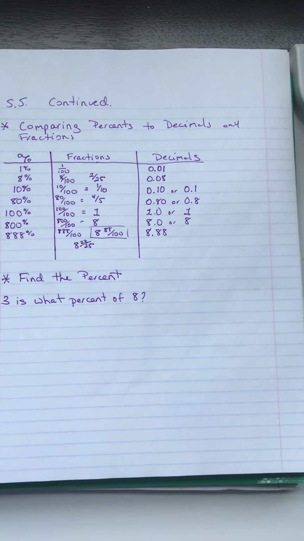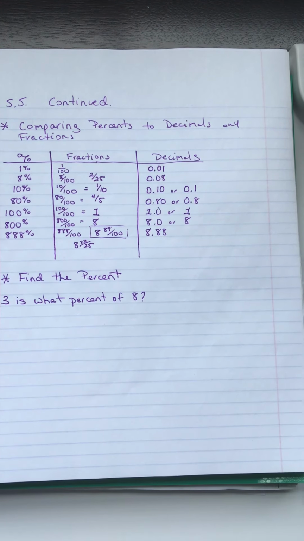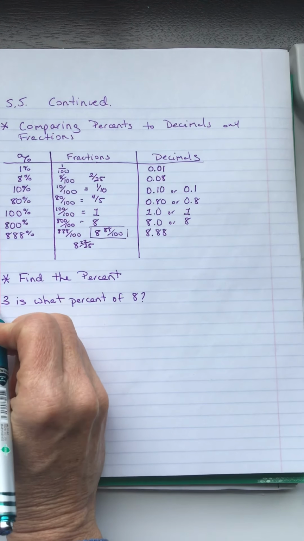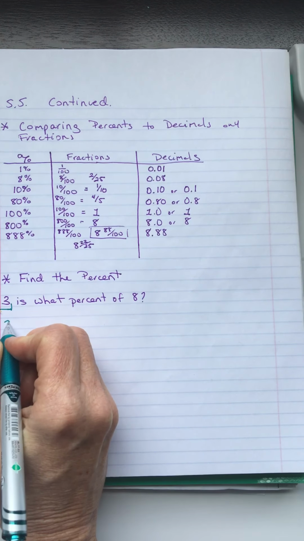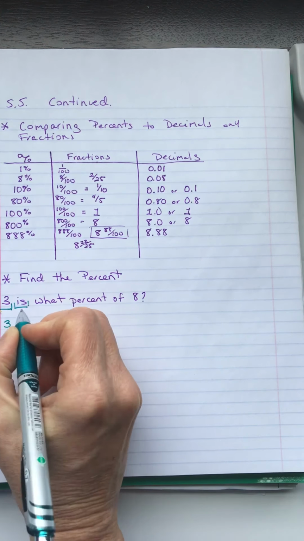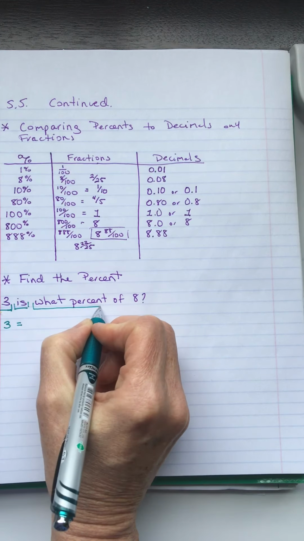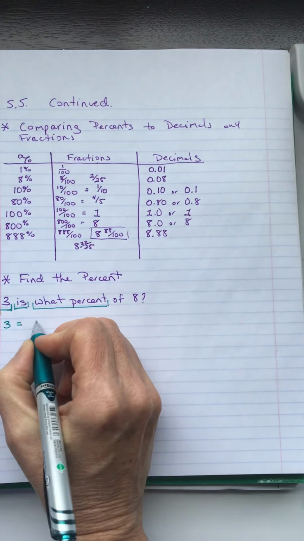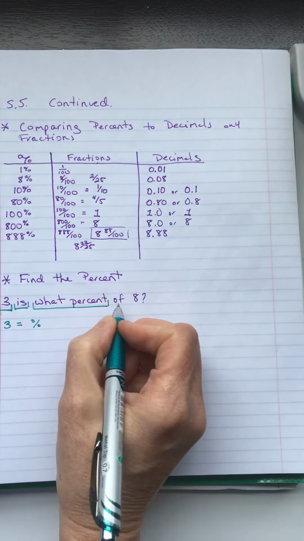So this one, when you have 3 is what percent of 8, I'd like you to think of this as 3 is the equal sign. What percent? We don't know what it is, so we'll just write percent of.